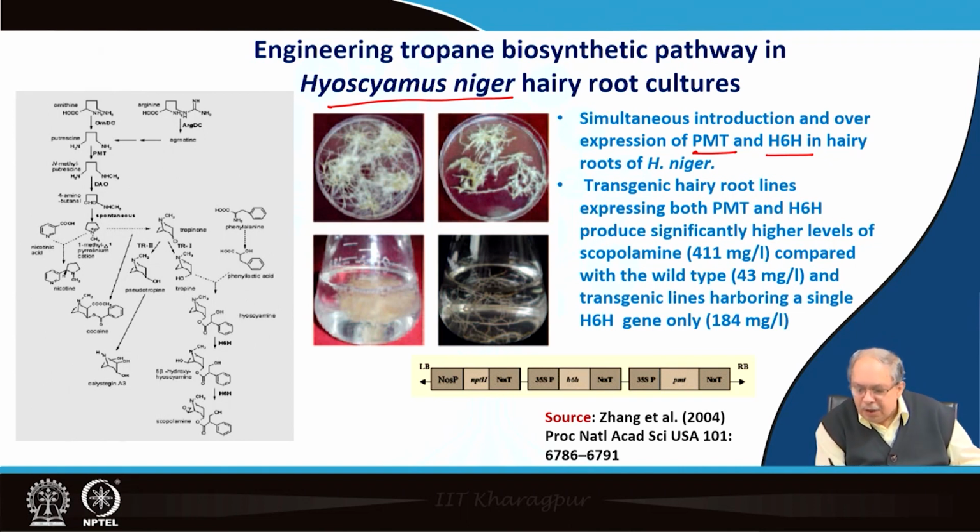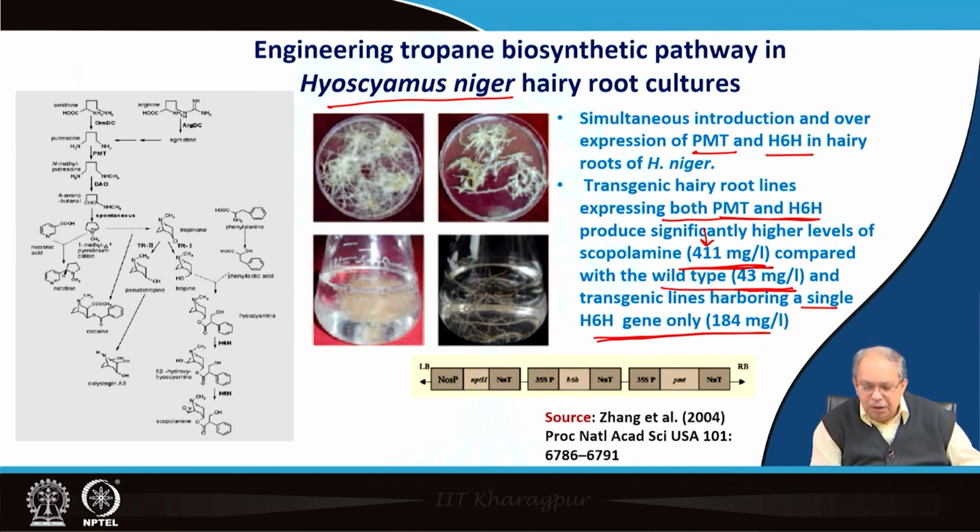So, what they said is that in the wild type Hyoscyamus niger the normal scopolamine content is 43 milligram per liter, whereas when the single H6H gene was inserted, because of this gene expression it produces 184, and when you have both PMT and H6H, the level reached up to 411 milligram per liter.